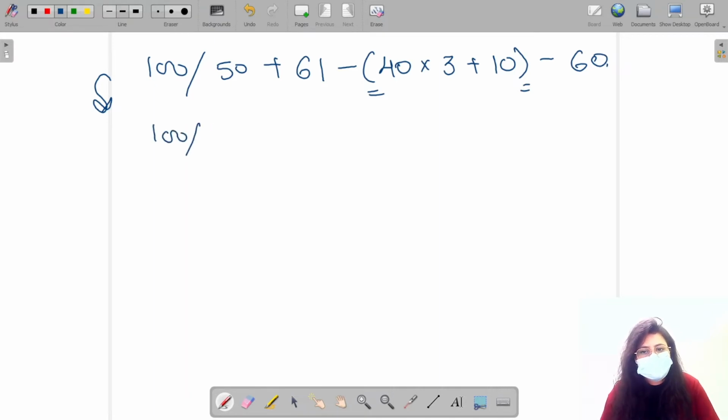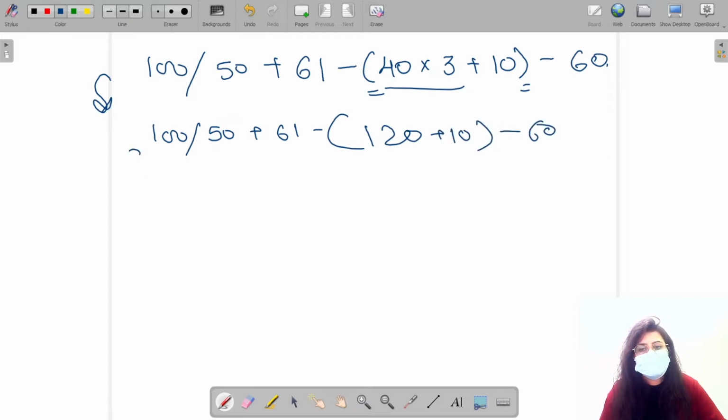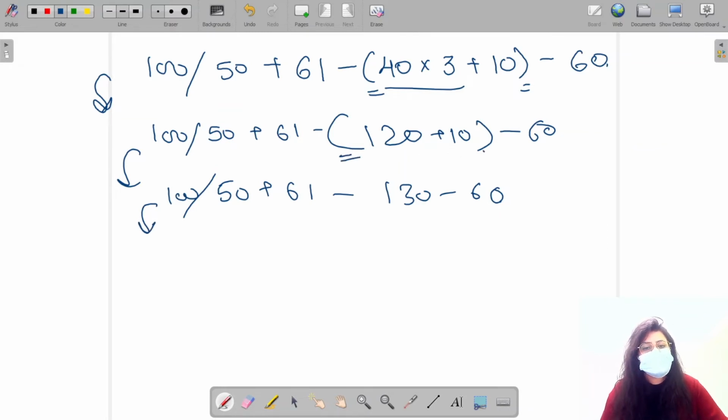So 100 divided by 50 plus 61 minus, let's solve the parenthesis. We would have 120 plus 10 minus 60, which gives 100 divided by 50 plus 61 minus 130 minus 60. Now the parenthesis is solved.